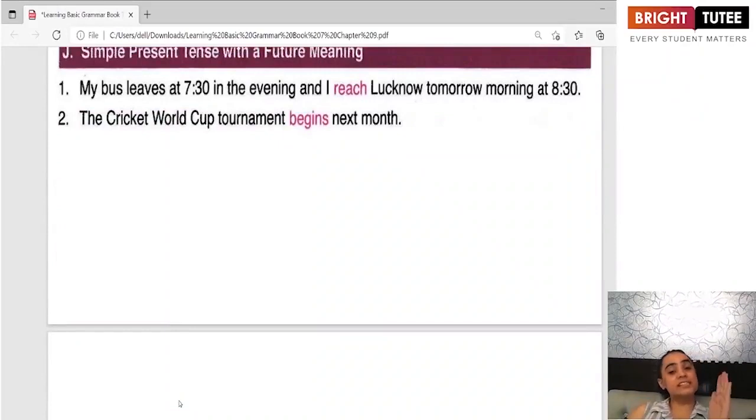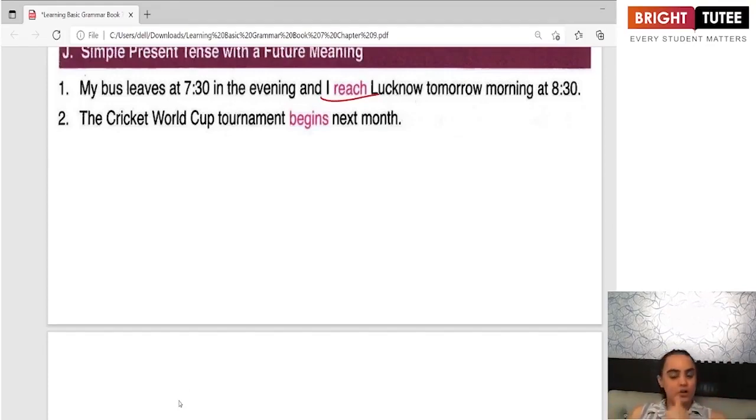We can use the simple present tense also to talk about the future continuous tense. How? My bus leaves at 7:30 in the evening and I reach Lucknow next morning. Rather than saying I shall be reaching Lucknow tomorrow morning, I can say I reach.